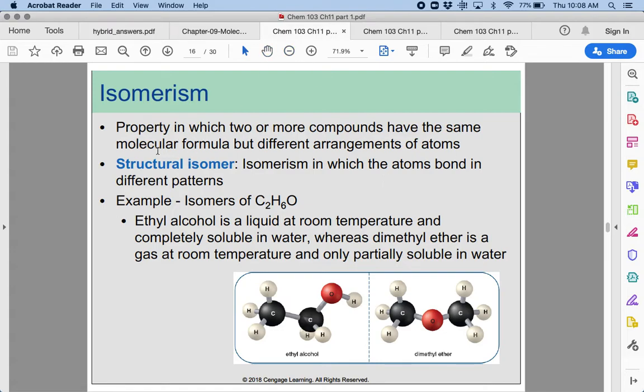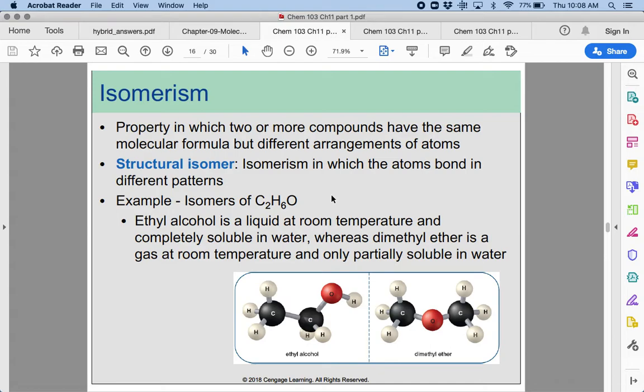So let's kind of play with this word structural. Let's say I have a Lincoln Logs kit, like a kit to build a little house. It's got 4 walls, a door, and 2 windows. Now, person A might build the 4 walls and put the door and 2 windows on the same side of the house. Person B puts the door on the front and the 2 windows on each side.